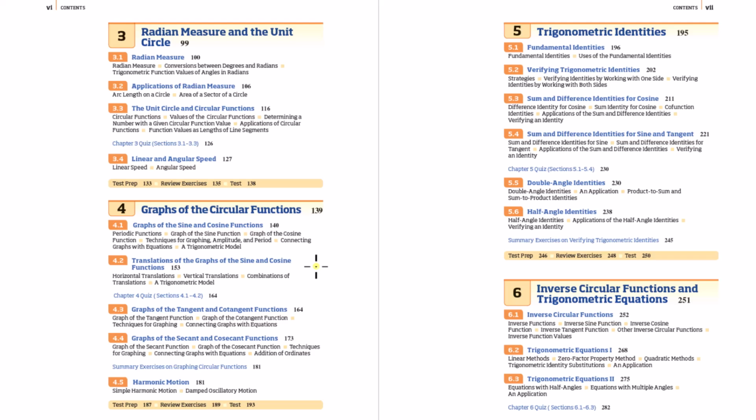There were 3 or 4 of those, and one is the graphs of the sine and cosine functions. The pillars were the general definition of trig functions, and included with that, you could think about the unit circle as kind of an offshoot of the general definition. And then understanding how trig functions are related to right triangles, how to operate with trig functions in right triangles, so solving right triangles.